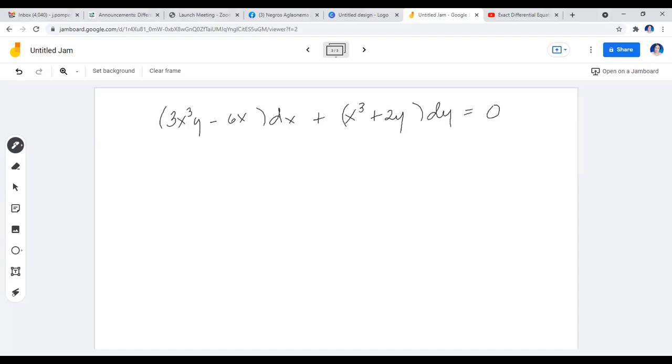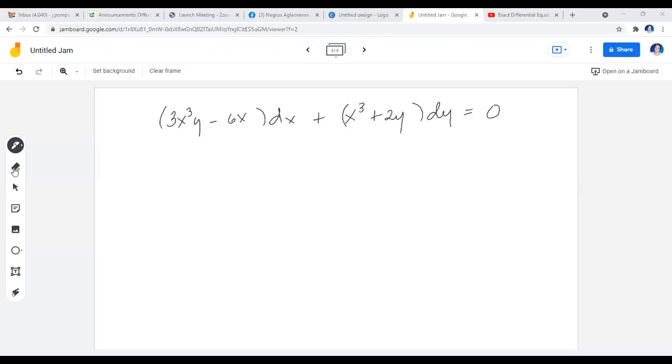Let me check in the PowerPoint if this is really the one. x squared minus 6x, x cubed plus 2y. This should be x squared.